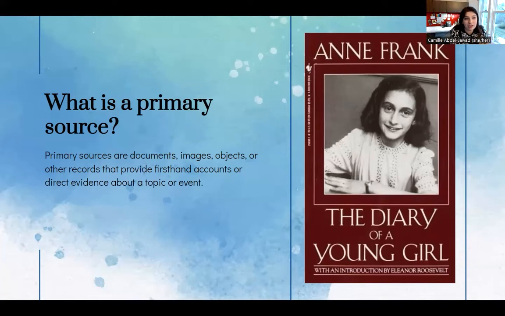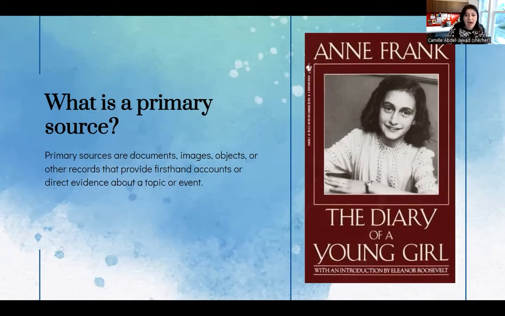evidence about a topic. Oftentimes when we think about primary sources, the first thing we think about are letters, diaries, written accounts of historical events, right? A really good example of this is the diary of Anne Frank. She was a young woman living during the Holocaust who was hidden away with her family to protect herself.